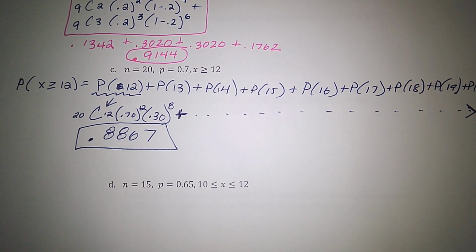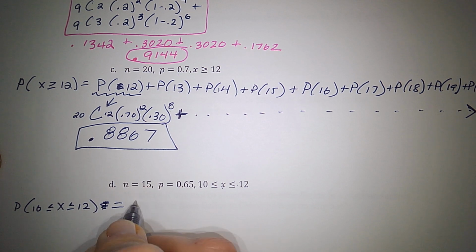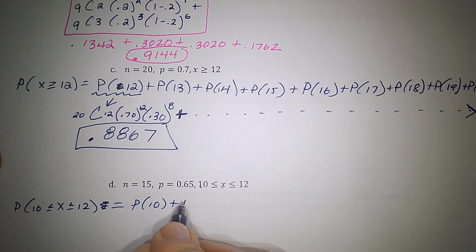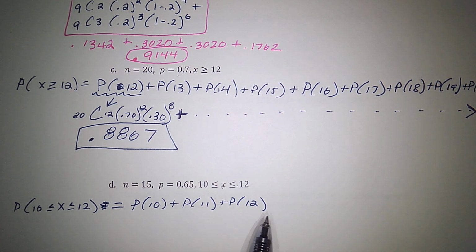For the last one, when doing this by hand, we want to find the probability that x is between 10 and 12 inclusive. Which means x could be 10, x could be 11, and x could be 12. So this one wouldn't be too bad because there's only 3 possible outcomes that I need to add together.